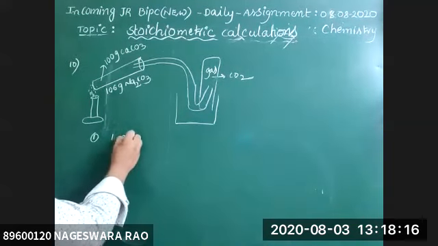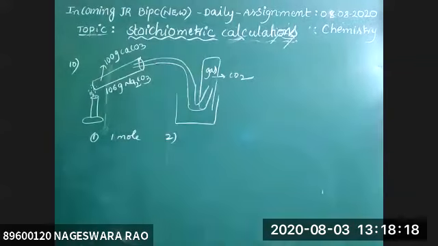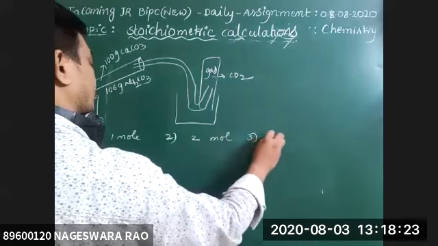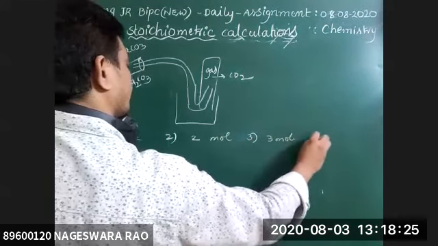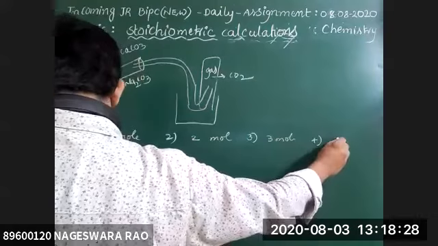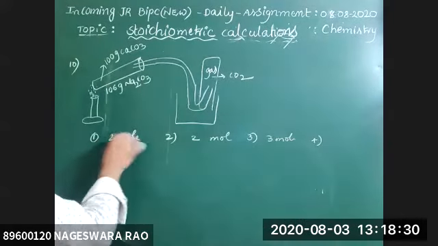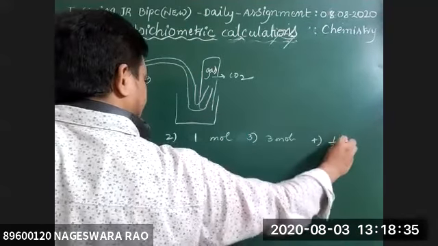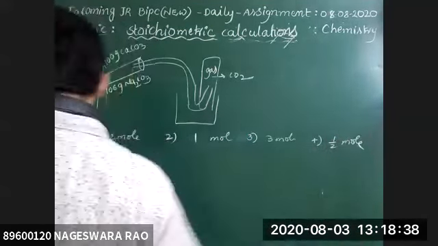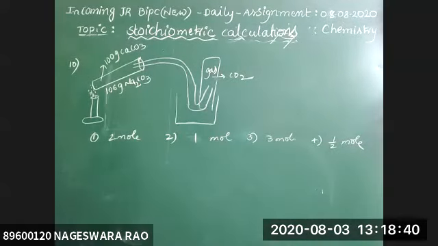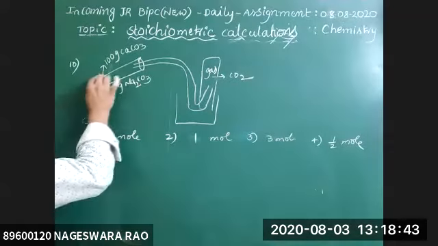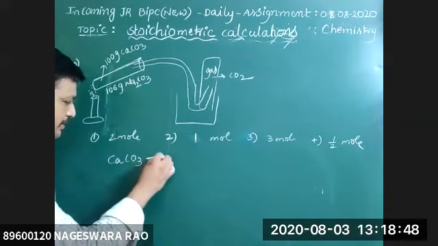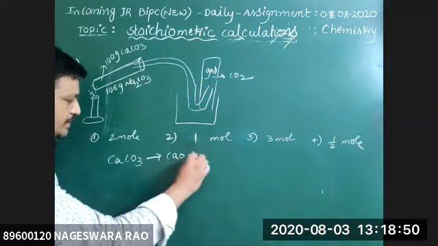So the first option is 2 moles, second option is 1 mole, third option is 3 moles, and fourth option is half mole. How many moles are formed? The mixture of compounds, what are their strengths? Calcium carbonate decomposes to calcium oxide plus CO2.